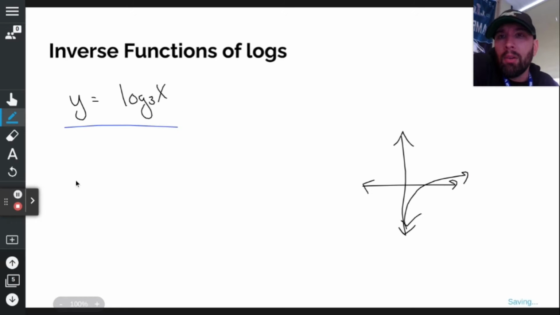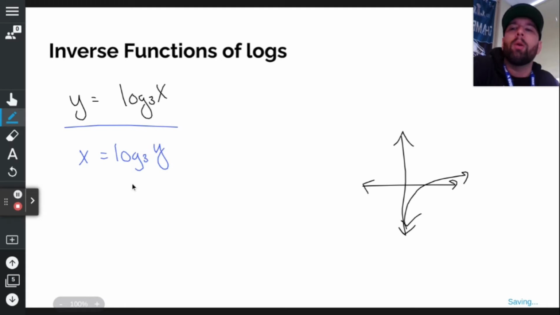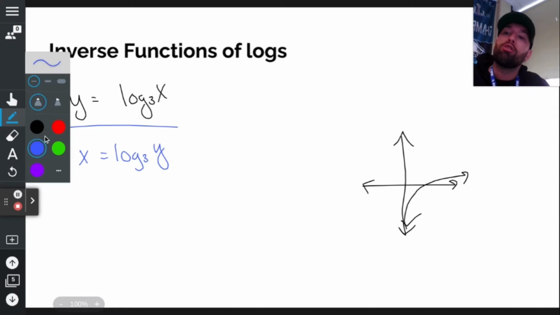So x equals log base 3 of y. Now, you might be thinking, I have to solve for y, but y now lives on the inside of this log. How do I do that? In order to make a log base whatever disappear, you take the base to the power of both sides.